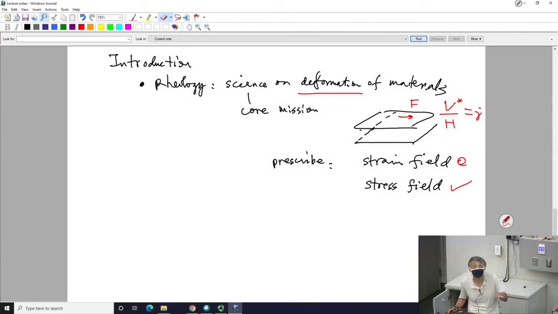So you dictate how fast you are changing the shape, how fast the sample is being sheared, the shear rate. Let's assume for the moment you can afford to assume homogeneity, meaning that there's a single shear rate that describes the deformation everywhere in this layer of height h.